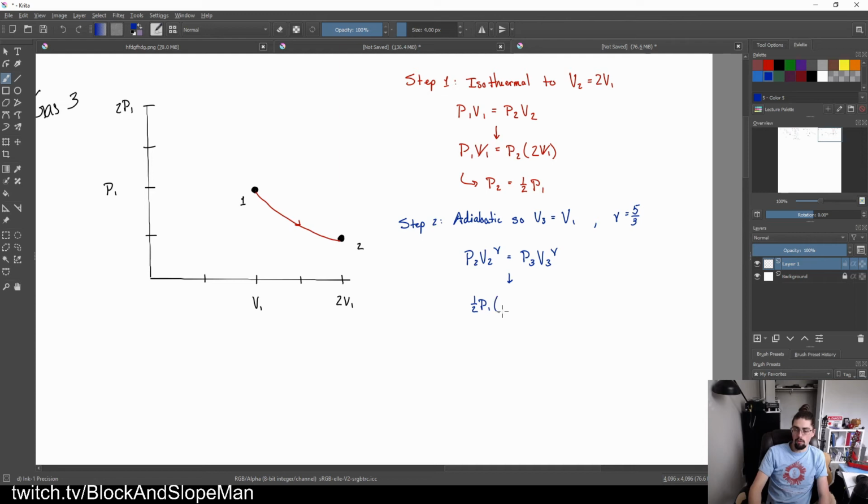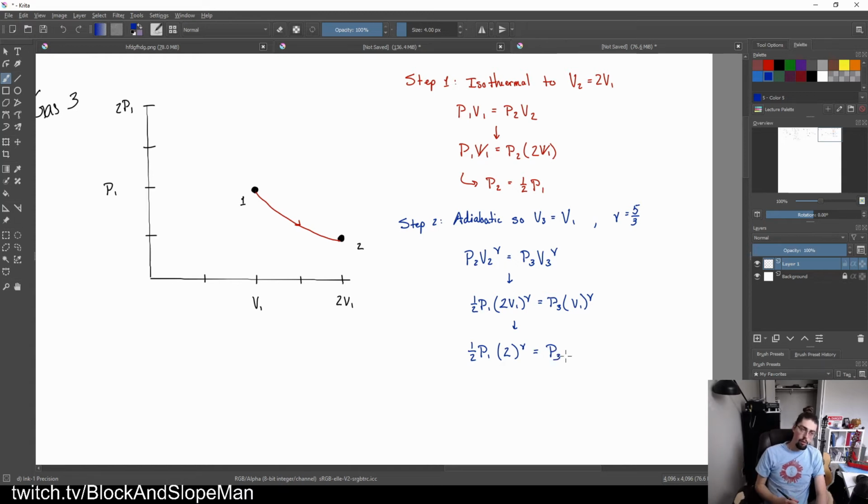We know that V2 is actually 2 times V1. We know that P3 is something, and we know that V3 is V1 to the gamma. I'll divide over by V1 to the gamma, and that means that this is going to turn into 1/2 P1 times 2 to the gamma power.